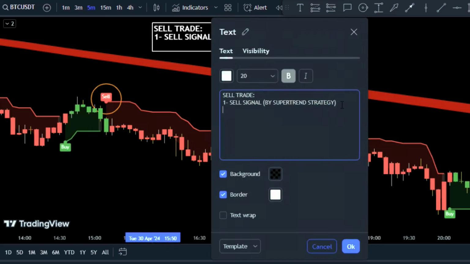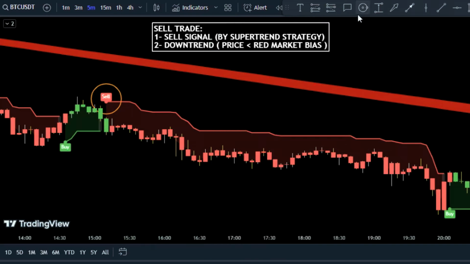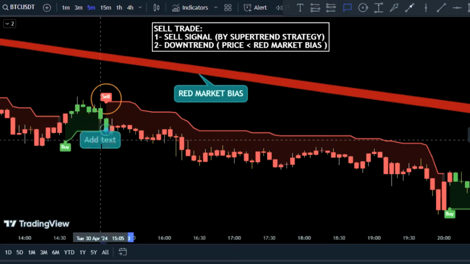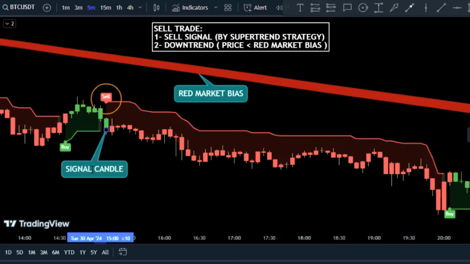Next, we'll confirm that the market is trending downward by checking our trusty market bias indicator. So, if both indicators are pointing in the same direction, it's time to enter that sell trade.